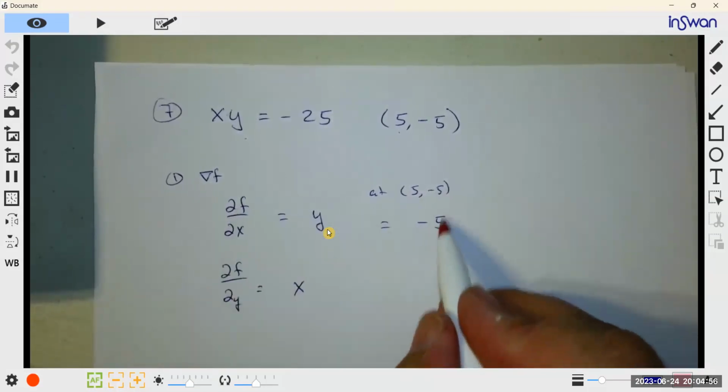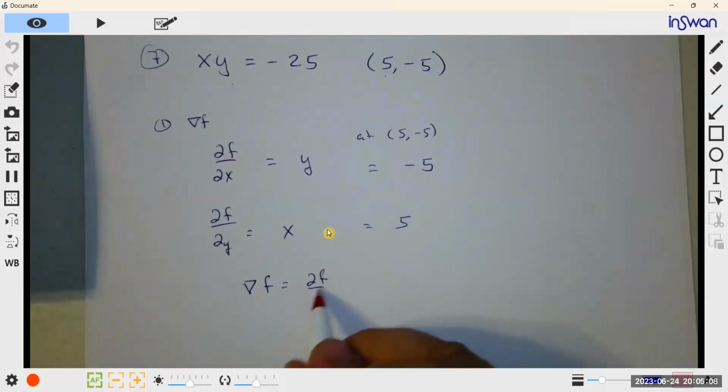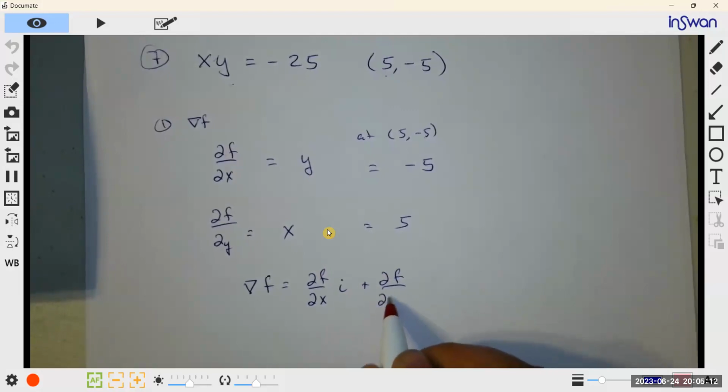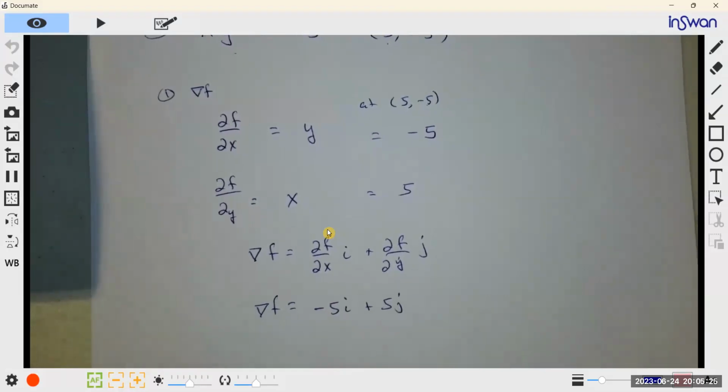So the partial is negative 5 at our point, and the partial of f with respect to y is 5. So our del f is equal to negative 5i plus 5j.